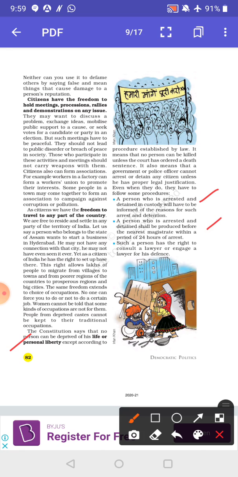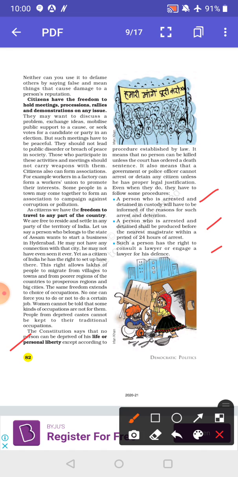You cannot just keep the person in jail for years. A chance has to be given to that person to be presented before the magistrate. And such a person also has the right to consult a lawyer, so that the lawyer can take his case in the court and present the victim there.